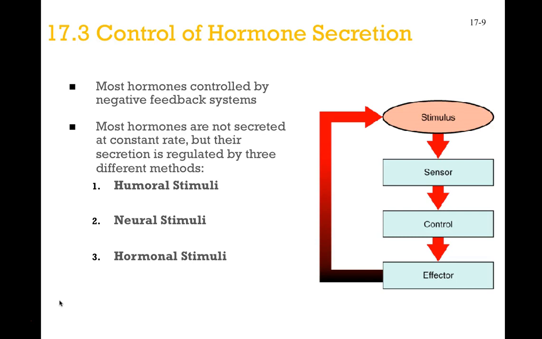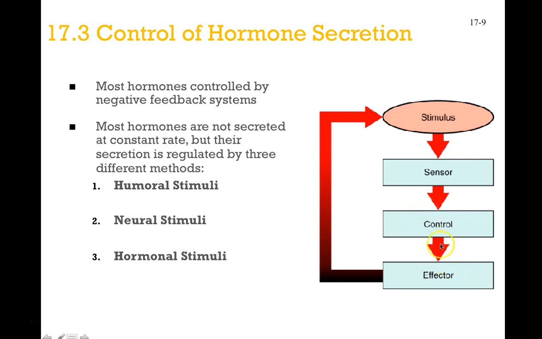If you don't really remember what this was, we talked about it in AMP1, or maybe you've discussed it in a previous biology course, but let's review real quick. So we get some type of stimulus that will go to a sensor that will tell our control center something is off.